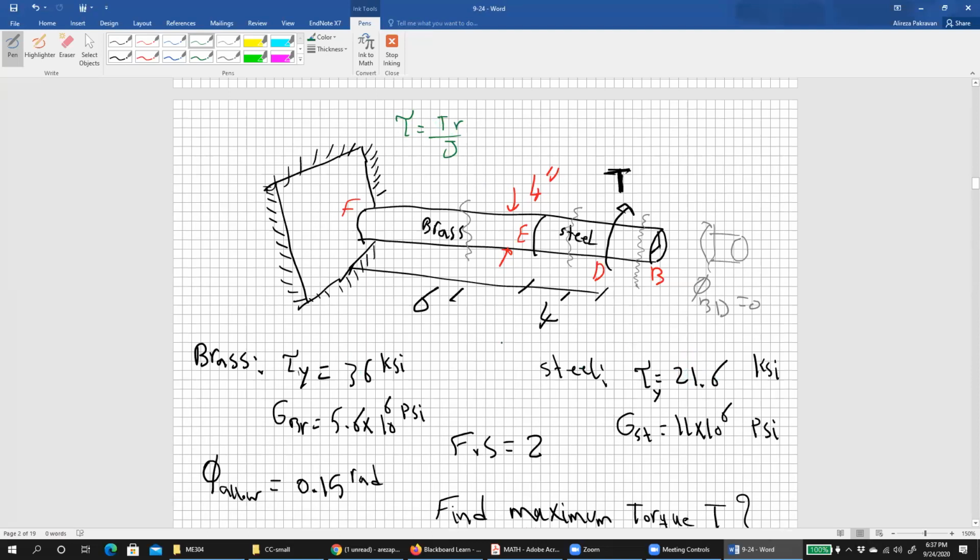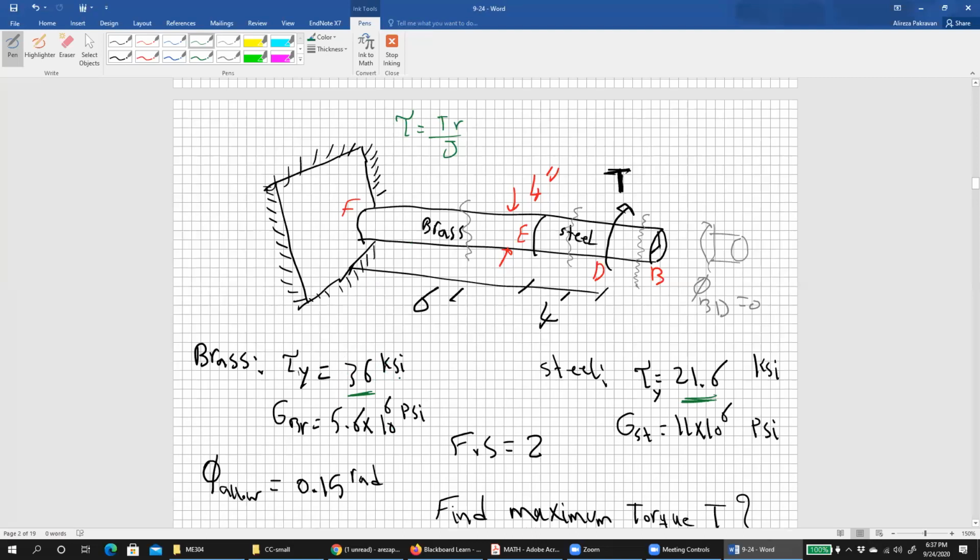Therefore, for this formula, we should look at this number and this number, pick the smaller one, right? If we pick the smaller one, once we find the T and substitute T for the steel, the new tau would be less than 36, right?